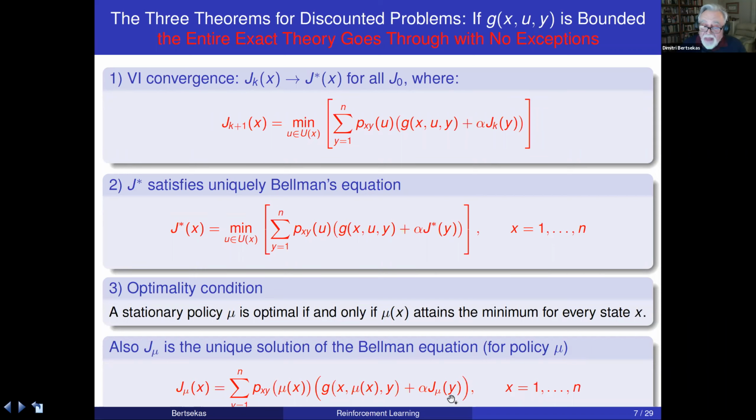Now, the difference between this equation and that equation is that this one is linear in the variables J_mu, whereas this one is nonlinear because of the minimization operation here. So this can be solved by MATLAB, by Gaussian elimination, any one of your favorite linear algebra methods.